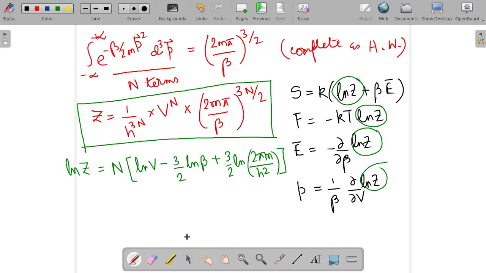Is it clear to you? In the first term there is volume, in the second term there is temperature, in the third term there are all universal constants. So the partition function is basically a function depending on the volume and the temperature.